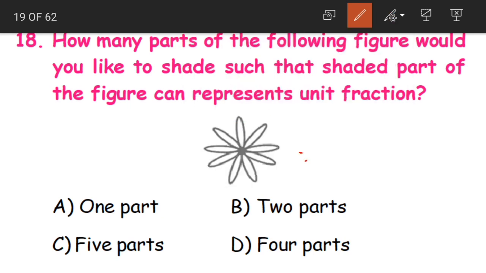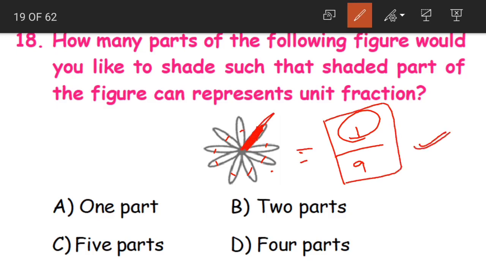So for this, the numerator should be 1. Counting the parts: 1, 2, 3, 4, 5, 6, 7, 8, 9. 9 will be the denominator. The unit fraction would be here 1 by 9. So how many parts should we shade, children? In the numerator we are having 1. So we must shade one part of the figure so that the shaded part represents our unit fraction 1 by 9.